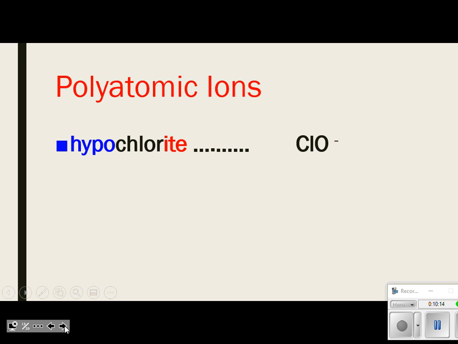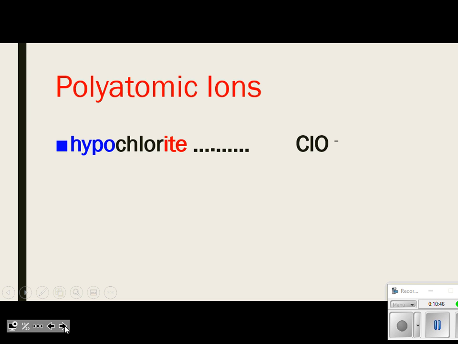Now, how I remember these are with the chlorates. So on your ion sheet, turn to the second page, and I want you to find chlorate. Actually, go to the PAL list. Let me be more specific. Go to the PAL list.